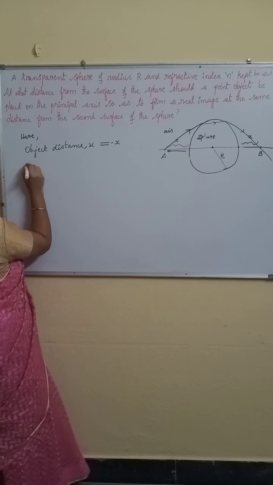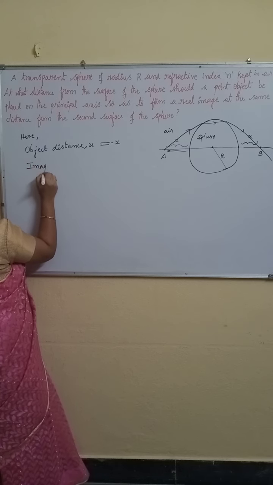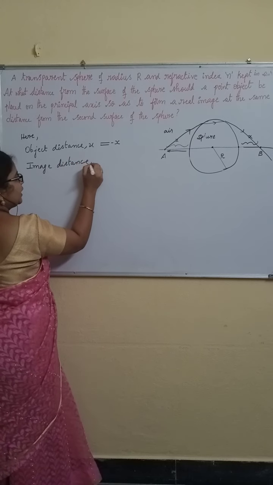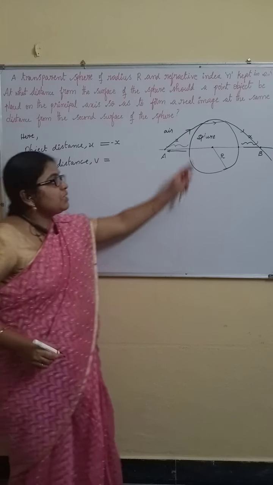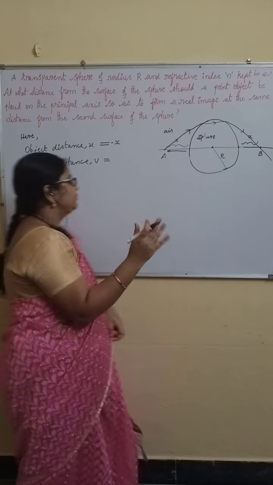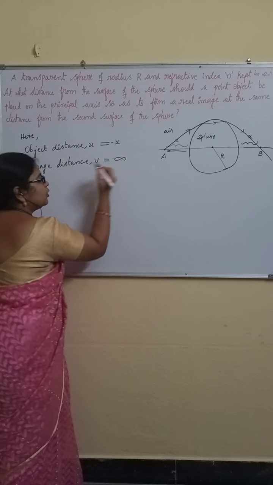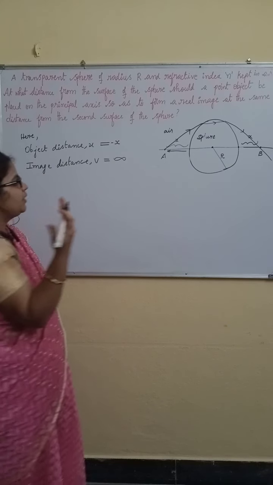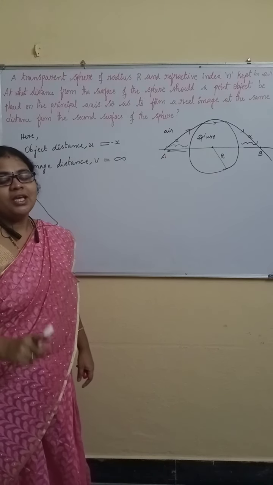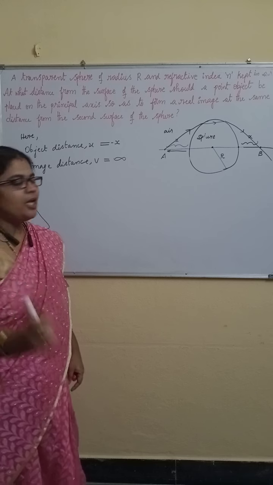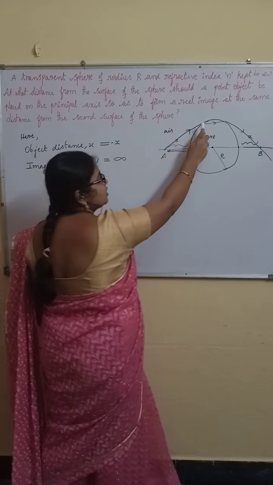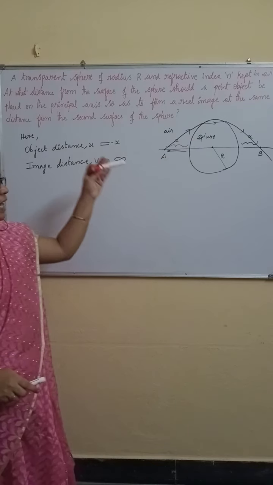Image distance, that is V value: this is a parallel light ray, so image distance is infinity. Usually we will think like that: object distance is x, image distance is also x. No. Here two curved surfaces are there. For the first curved surface, object distance is x, image distance is infinity because it is a parallel light ray.